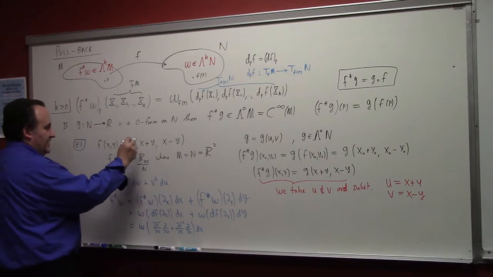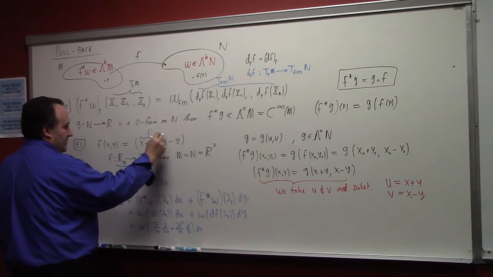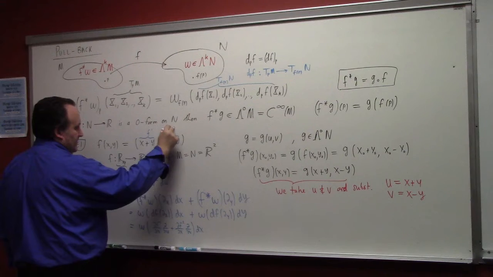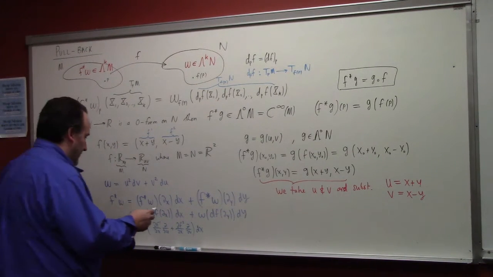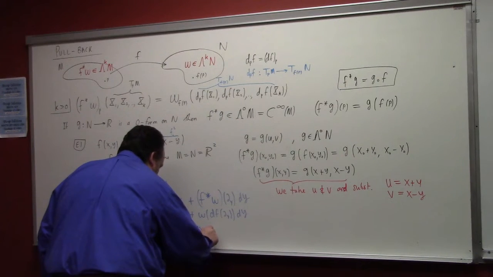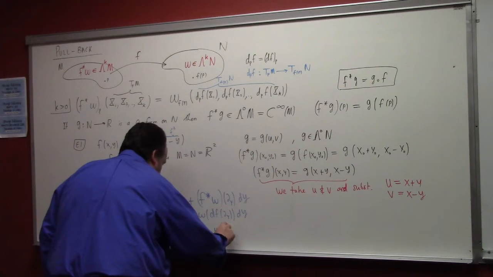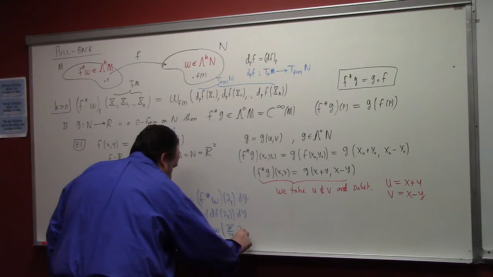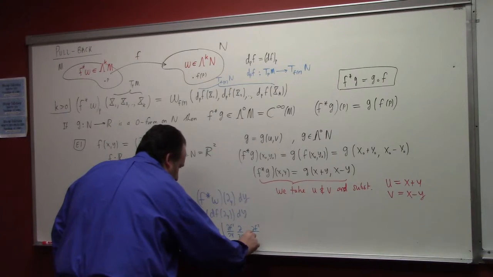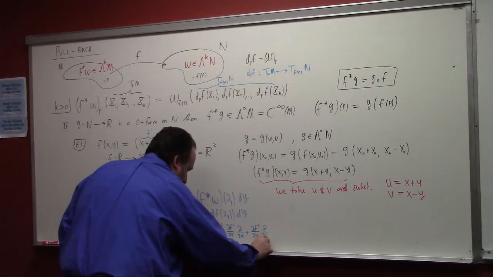So this is f1, this is f2. Those are the component functions of f in the UV coordinate system. And likewise over here, we have partial f1 partial y partial u, plus partial f2 partial y partial v.